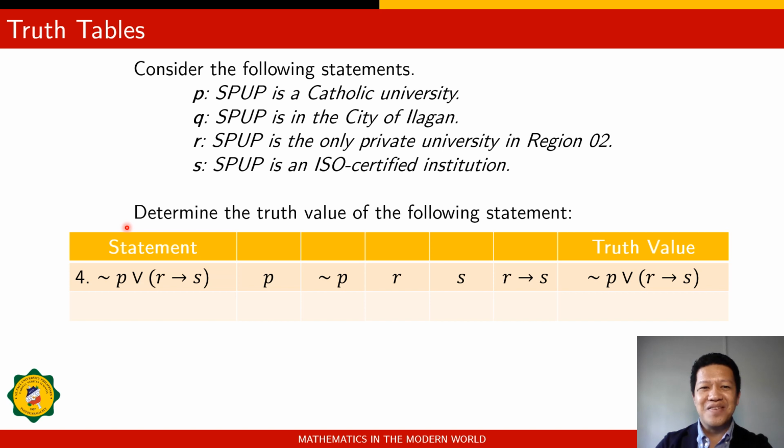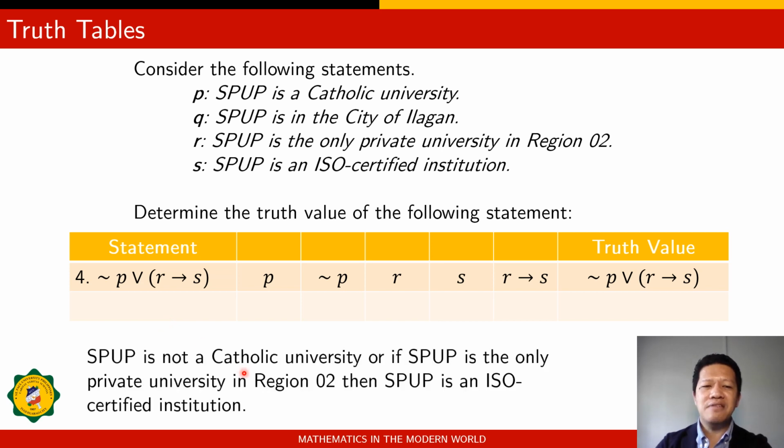Let us have another example. We have the symbolic form, not P or if R then S. So maybe to actually translate it first into words: SPUP is not a Catholic university, or if SPUP is the only private university in Region 2, then SPUP is an ISO certified institution.